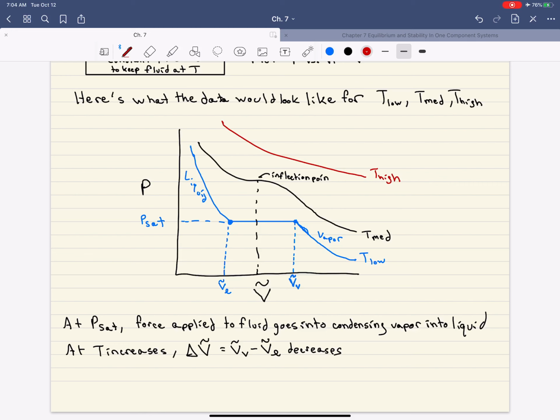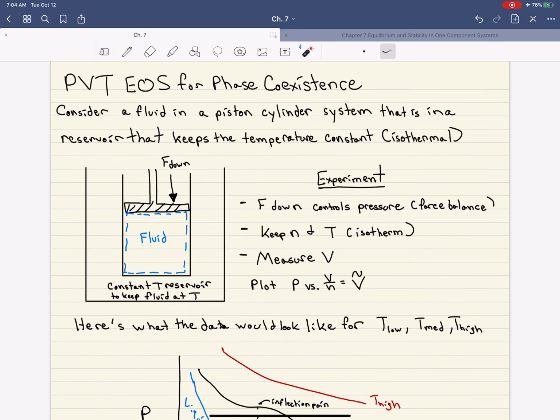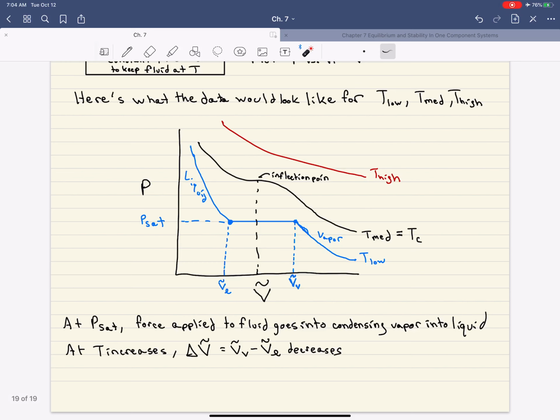And so if we concentrate on the black curve, which would look like this, we would say that this temperature medium for this curve would correspond to what we call the critical temperature, or TC. Okay? So, at TC, you see this inflection point in the curve, and wherever the inflection point occurs, the pressure that occurs at is the critical pressure. Okay?